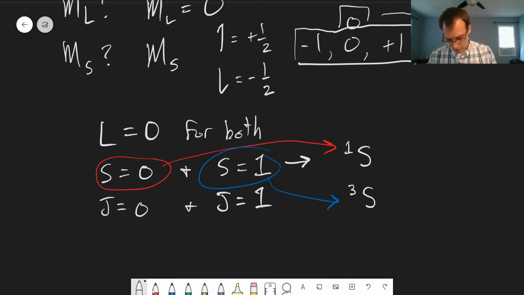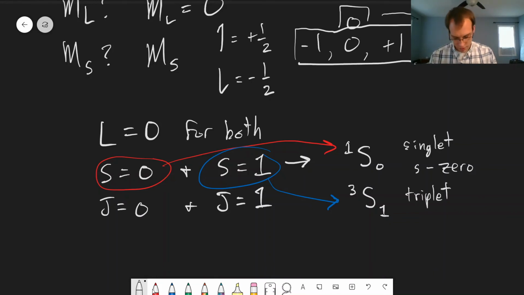Then our subscript is based on J, so this one's 0 and this one's 1. So we have a singlet S0, and when we have a 3 here, we call it a triplet S1 term.